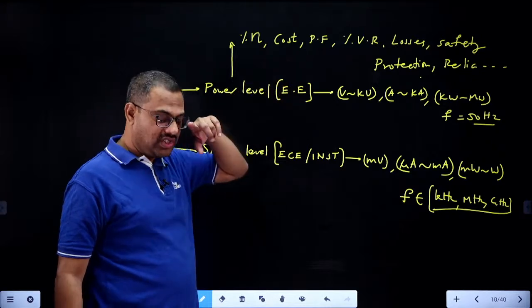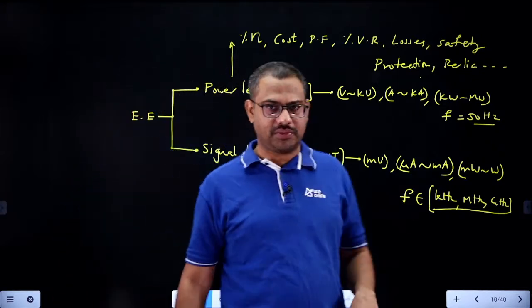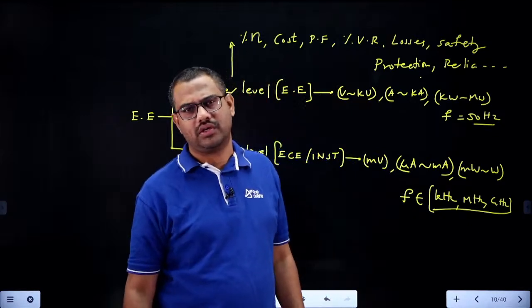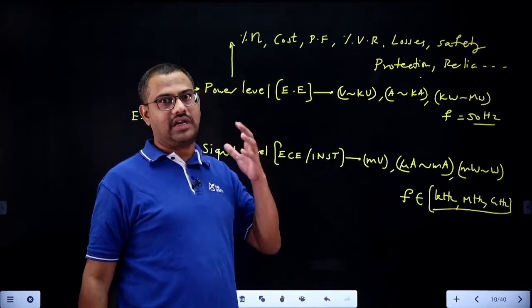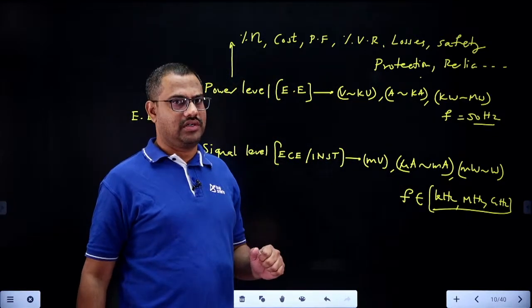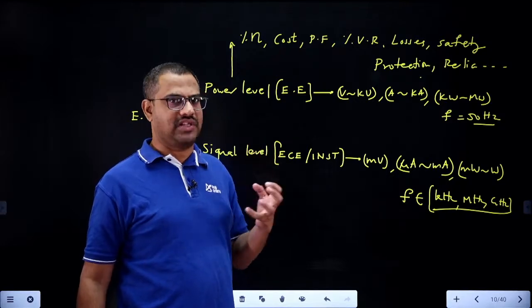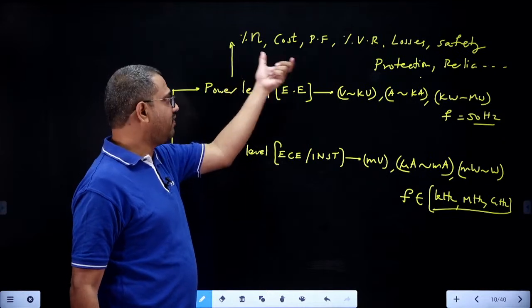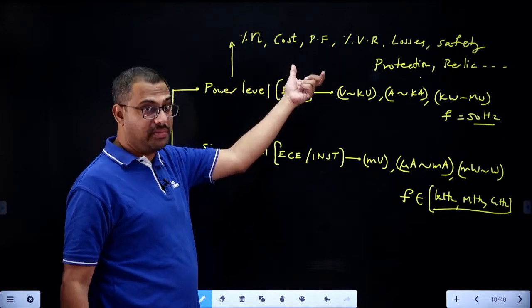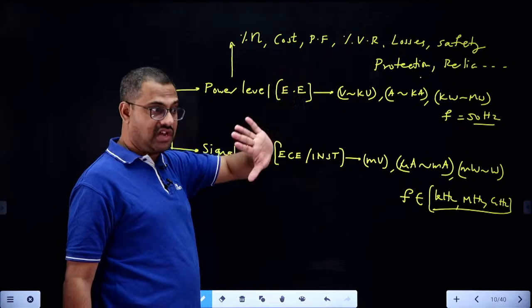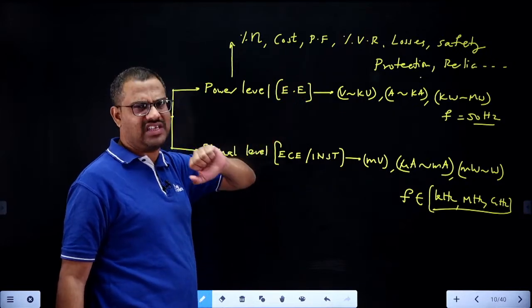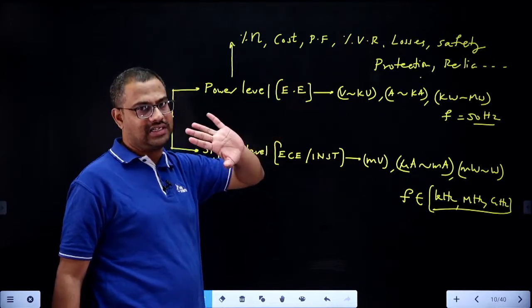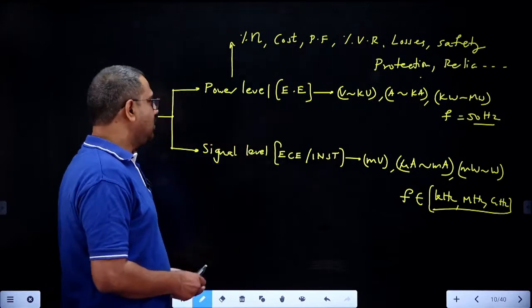Today the tender cost of 1 megawatt generation and transmission is more than 17 crores. It is a huge cost at megawatt and gigawatt level, so don't underestimate it. Efficiency is important, power factor is important, voltage regulation should be minimum, losses should be minimum, and with high voltage and high current you have to be very safe. Protection and reliability are the design factors.